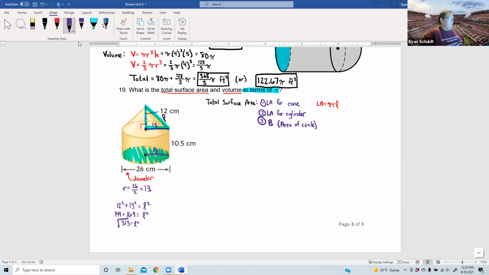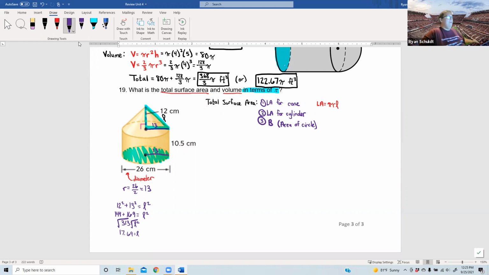And then let's take the square root of that. 17.69. That's our slant height.